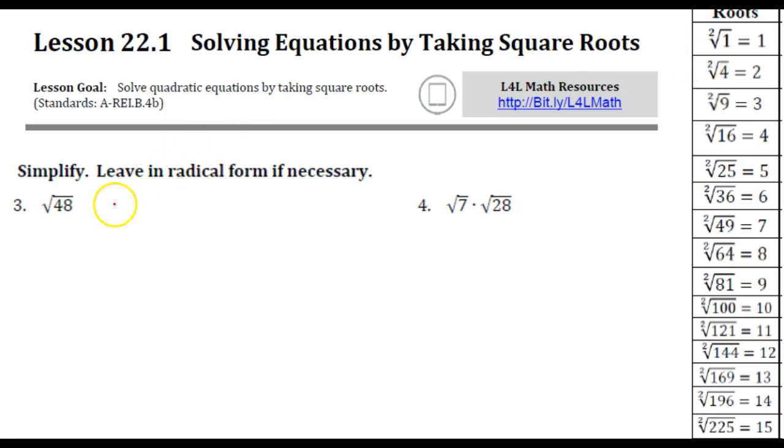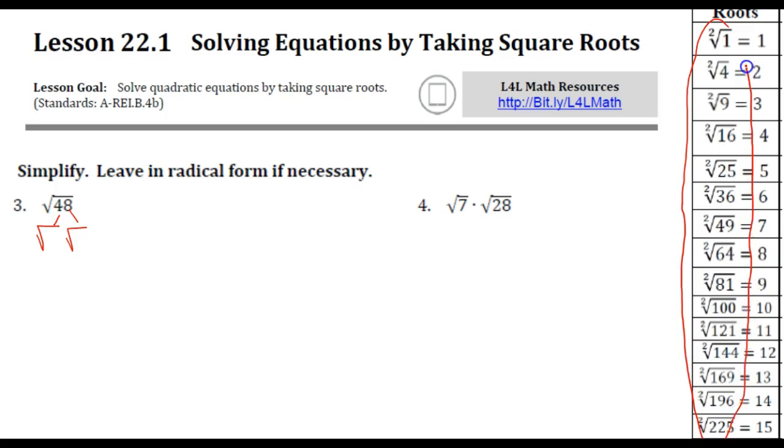So the way we're going to simplify is we're actually going to factor 48 as a product of two numbers. But we're going to pull from these factors here because, as you can see, all of these numbers you can actually square root.